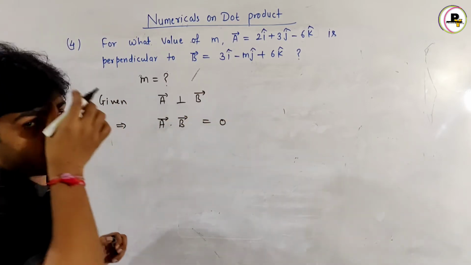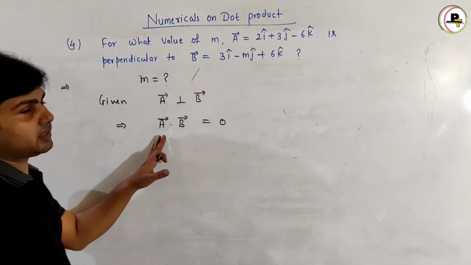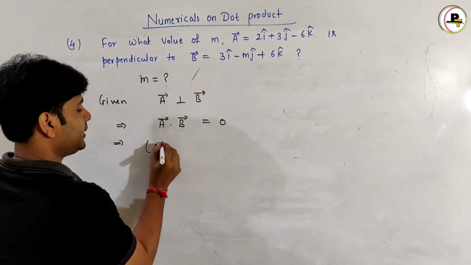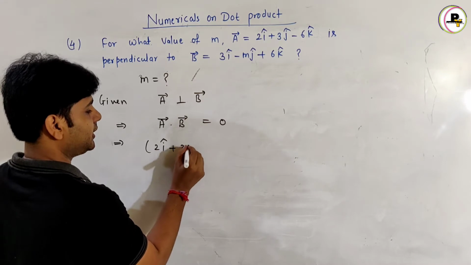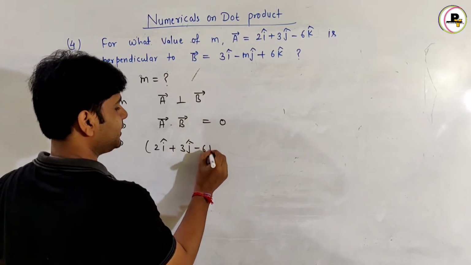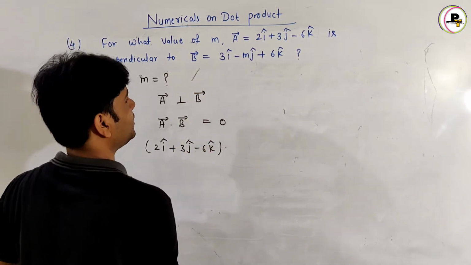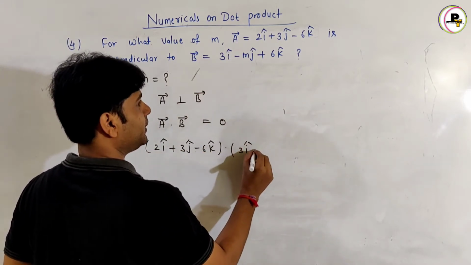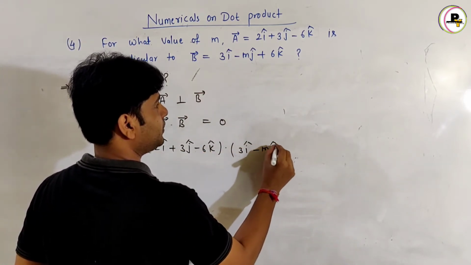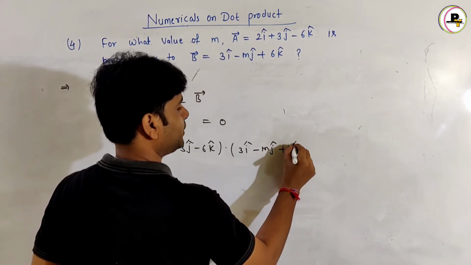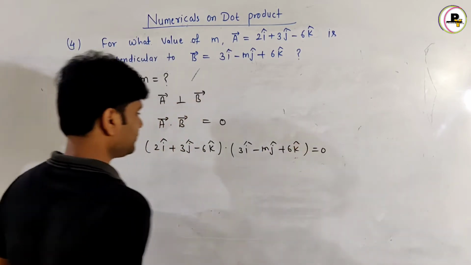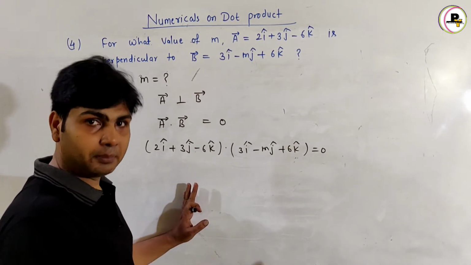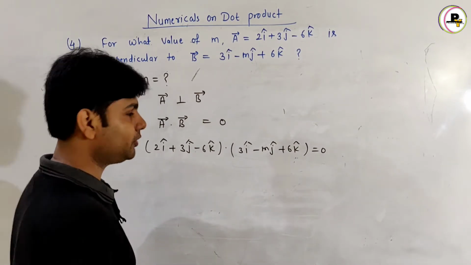Now if I substitute the value of A vector and B vector in this formula, then I can write 2i cap plus 3j cap minus 6k cap dot 3i cap minus mj cap plus 6k cap equals 0, and this is equal to ax bx plus ay by plus az bz as per the component definition of dot product.